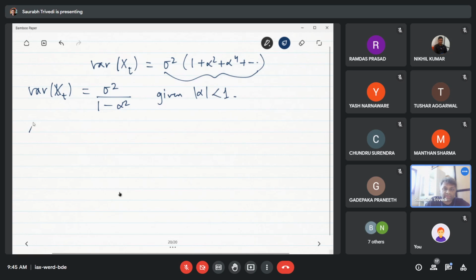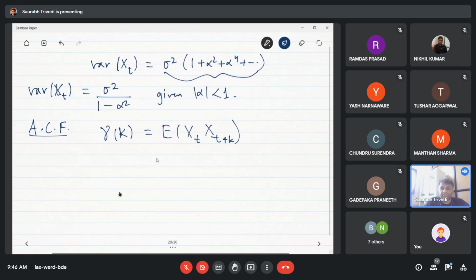And what about the ACF, the autocovariance function of this? The autocovariance function will be gamma k, which is the expectation of xt into xt plus k, right?